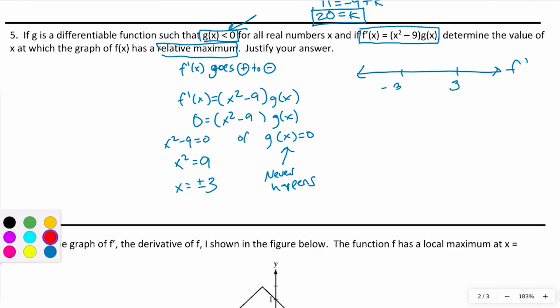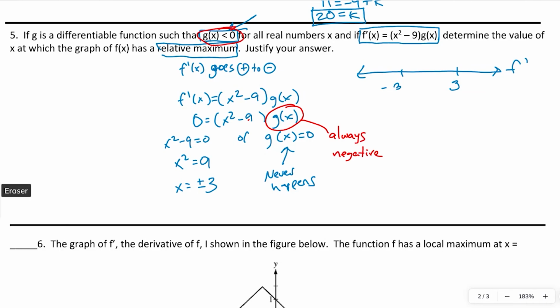If I plug in a number like negative 5, I've got negative 5 squared is 25 minus 9, which is positive. g is always negative, and that is according to the problem. I'm not just making that up. That's just how the problem's set up.